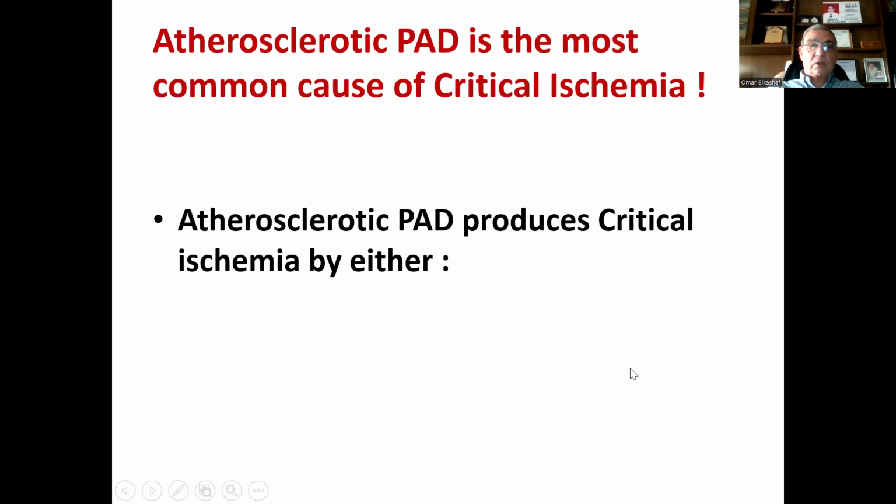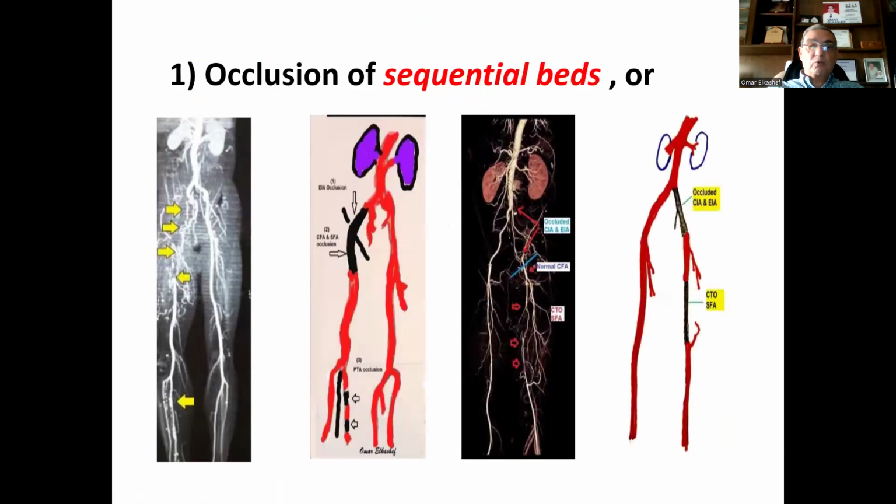So, atherosclerotic peripheral arterial disease produces critical ischemia by either of two mechanisms. The first mechanism is occlusion of sequential beds, or multi-level disease.